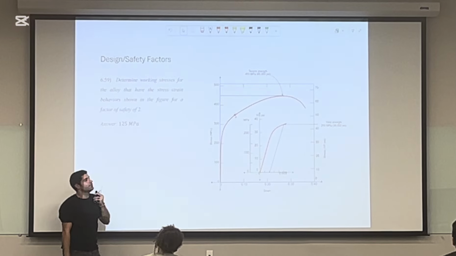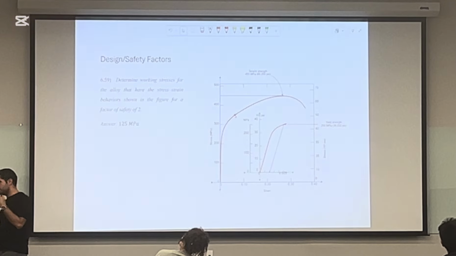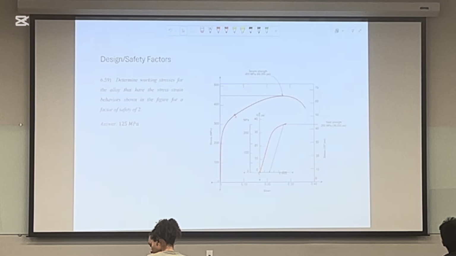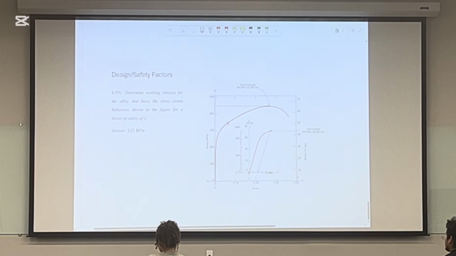If it was 3, divide 250 by 3. Pretty simple. It's something like this. That's the working stress: yield strength over N, which is your safety factor.